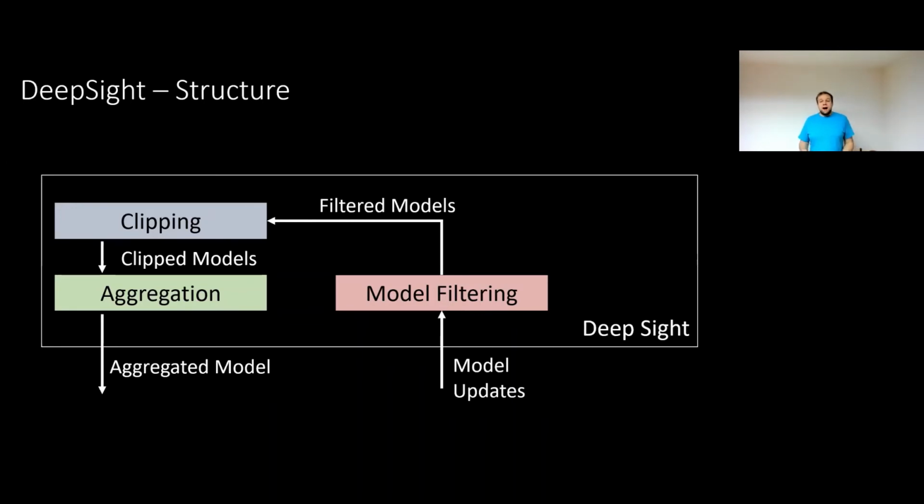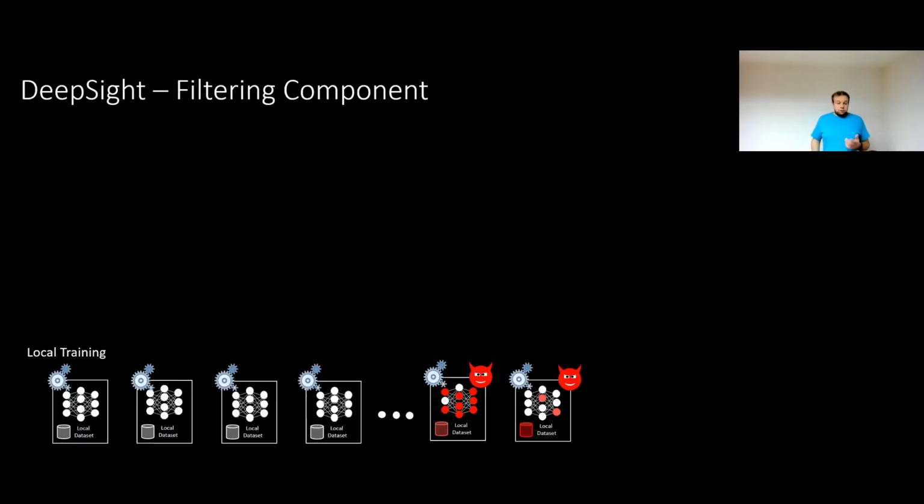Let's now look at how this filtering actually looks like. For the filtering, we start with the individual clients. They train locally a model on the private data. When the training is finished, we want to distinguish the poison models from the benign models. Of course, the best option would be if we could just inspect the local training data and then check whether they contain backdoor samples.